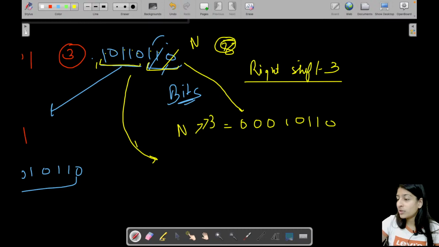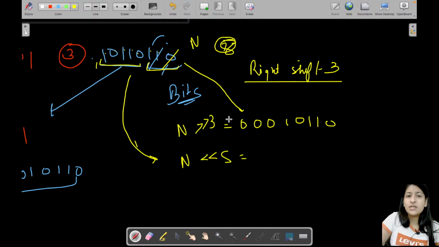So what I want to do in these 5 bits is that you are going to do a left shift on n by 5. What are we going to achieve from this? I'll tell you, but just have a look. If I do a left shift on this number by 5, left shifting this number by 5 means I am taking off the first 5 digits from this number.